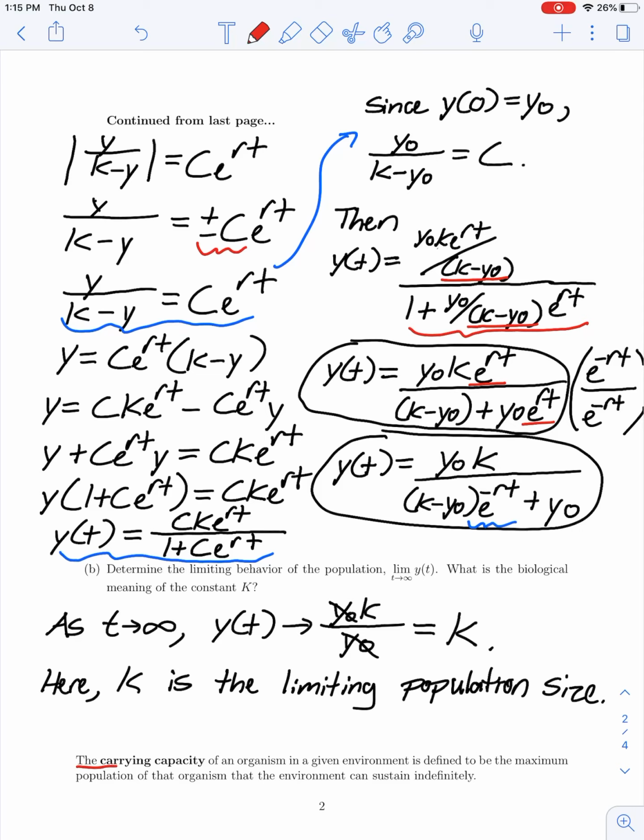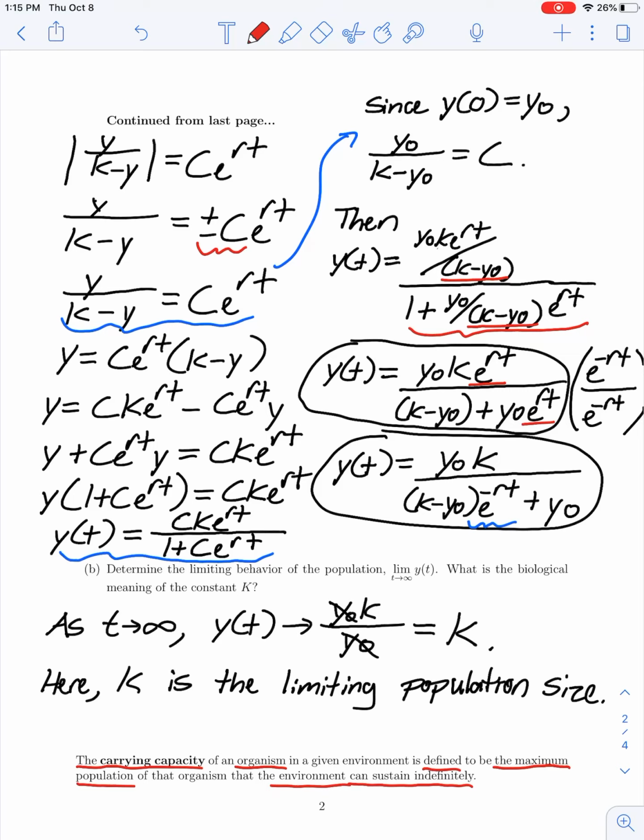It is referred to as the carrying capacity of an organism, which is defined as the maximum population that can be sustained indefinitely within the environment.